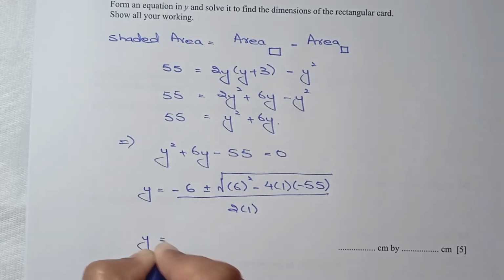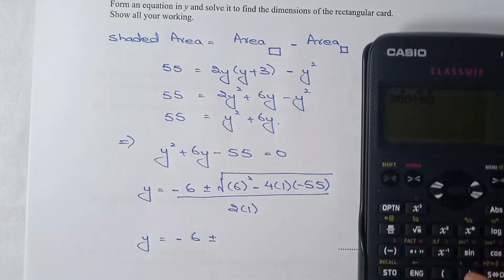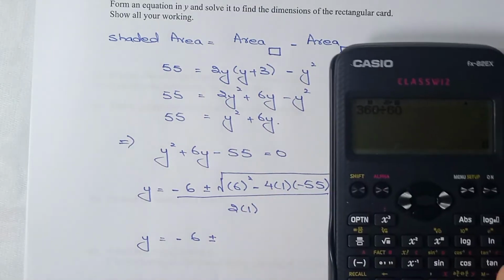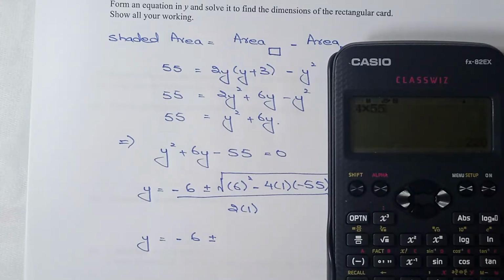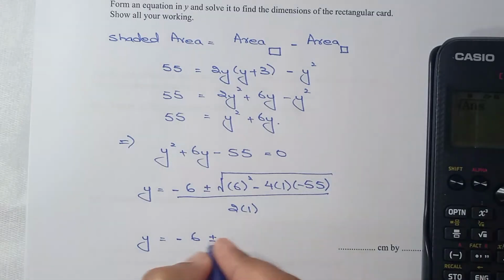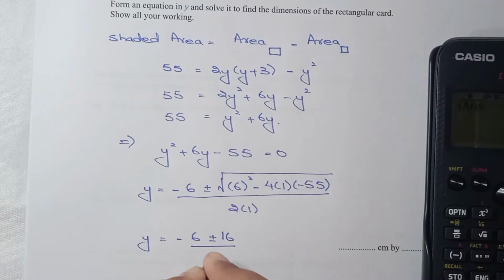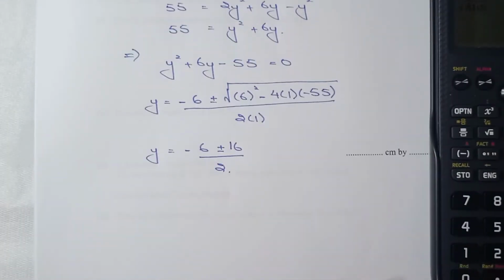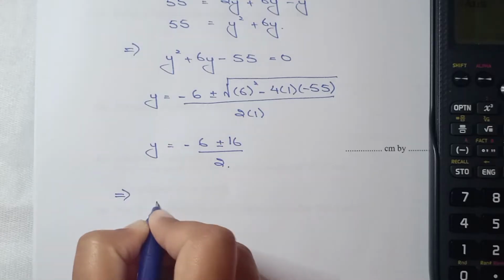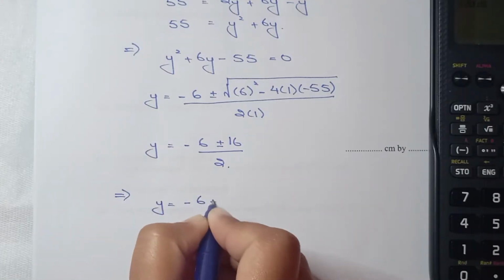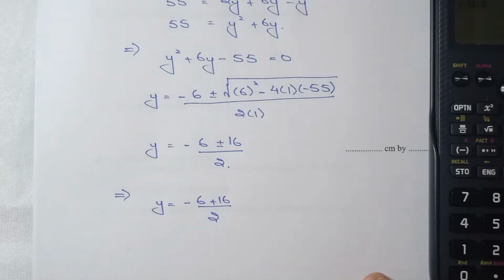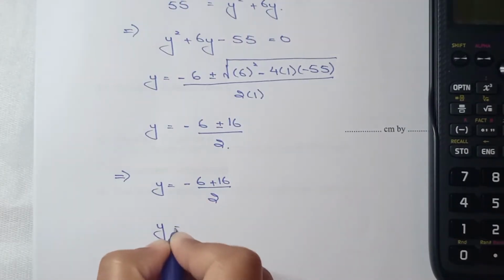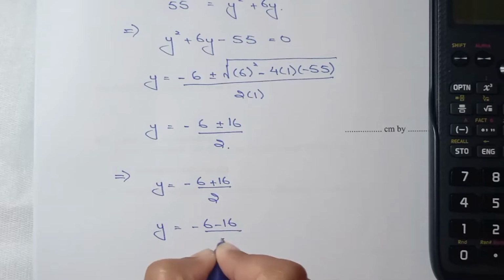So from here y is equal to negative 6 plus or minus, okay, negative times negative would be positive, so 4 times 55, and then 6 square would be 36, plus 36, and then doing a square root, we have 16, divided by 2, right? Now we have two y values. For the first y value, we can say negative 6 plus 16 divided by 2, and for the second y value, we have negative 6 minus 16 divided by 2.